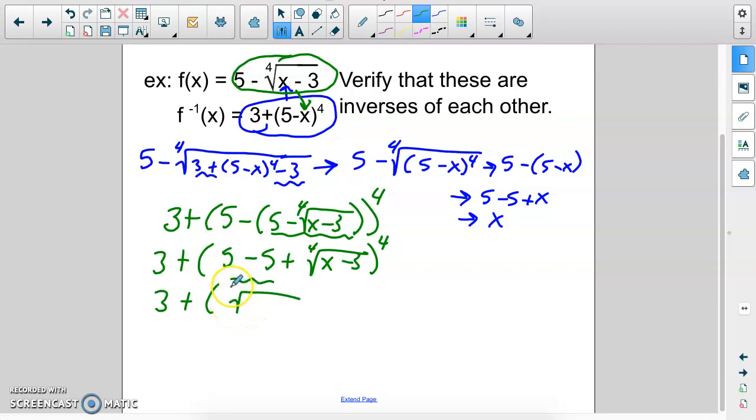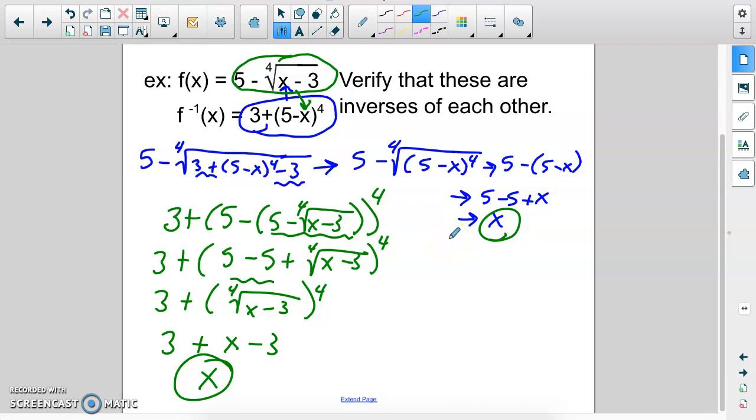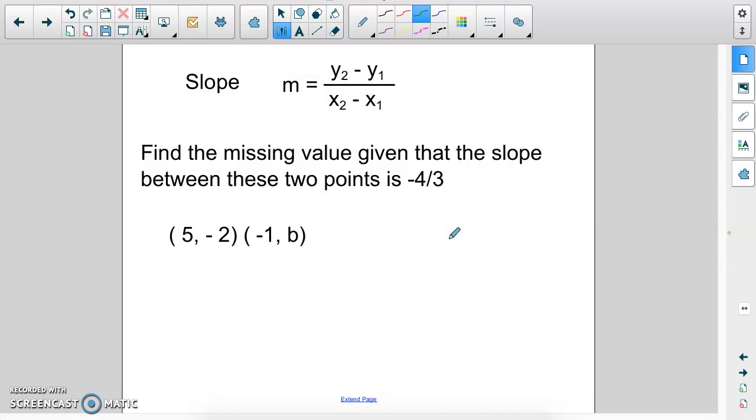So we just have the 4th root of x minus 3 to the 4th power, and the 4th root and the 4th power cancel each other out. So we're just left with x minus 3, and 3 plus x minus 3 simplifies to x. So they both simplify to x, which is how you show that they are inverses of each other. You have to show it works both ways.